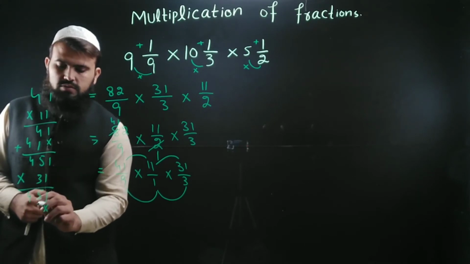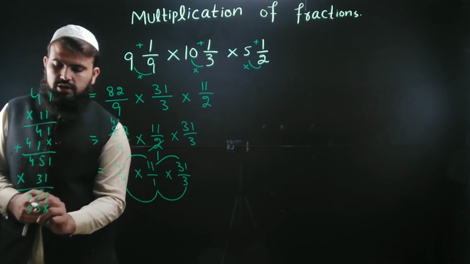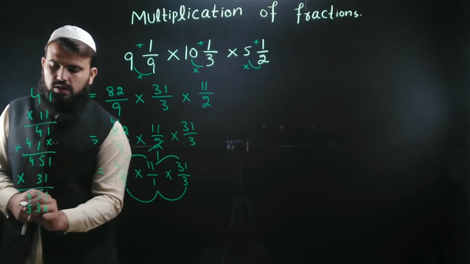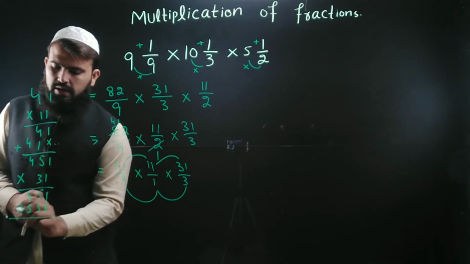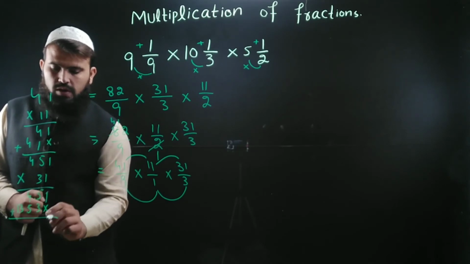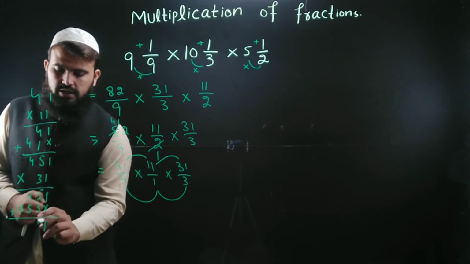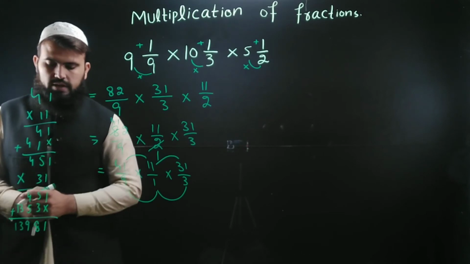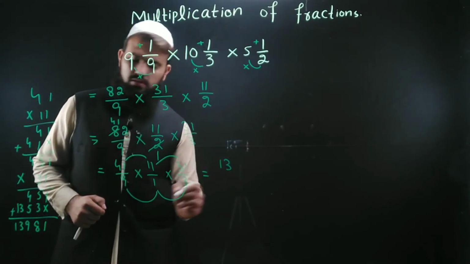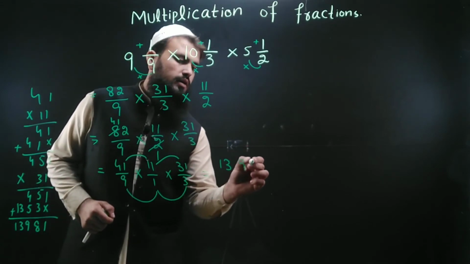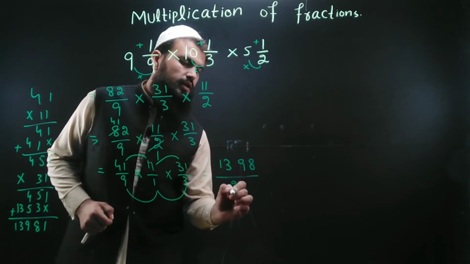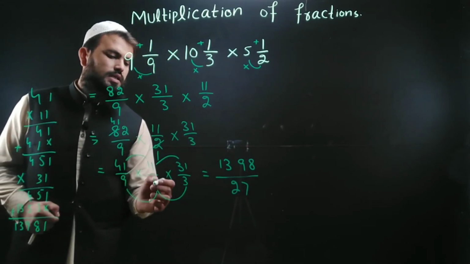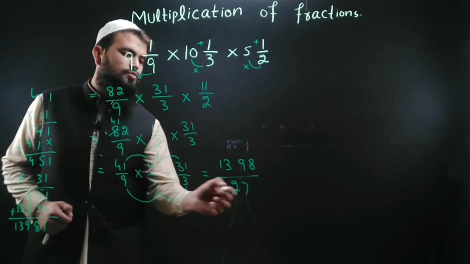Here 3 times 1 is 3, 5 times 3 is 15, 1 here, and 3 times 4 is 12 plus 1 is 13, and again add with each other. 1, 5 plus 3 is 8, 4 plus 5 is 9, 3 and 1, 3. So 13,981 divided by 27. This 27 comes from here: 9 times 1 is 9 and 9 times 3 is 27.